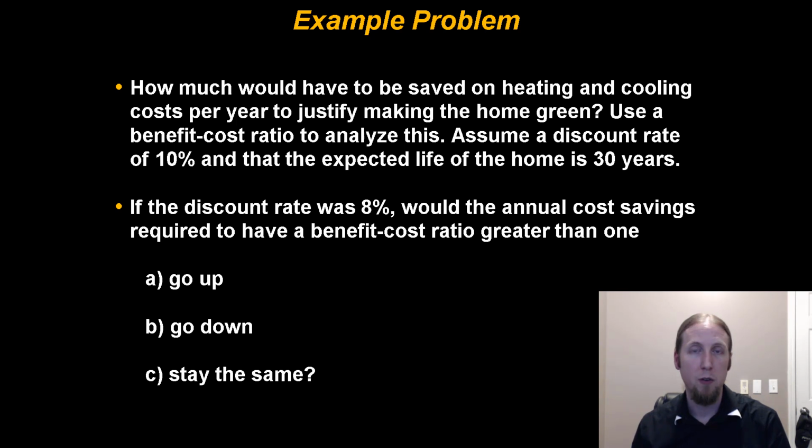If the discount rate was 8%, that means that we're discounting future benefits less than we were before at 10%, and so the value of those benefits is going to be larger, which means that a smaller amount of savings per year will still maintain the same benefit cost ratio as before. So therefore, the annual cost savings required would also go down.